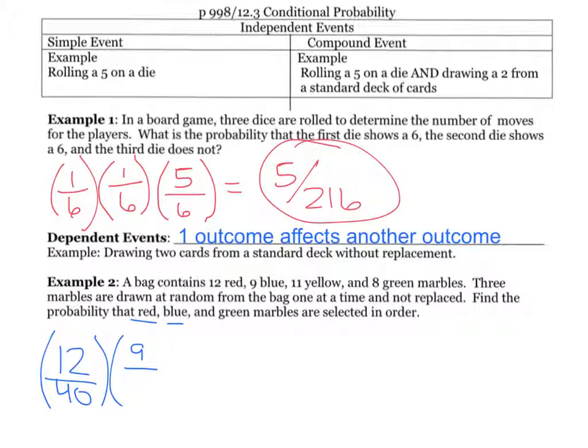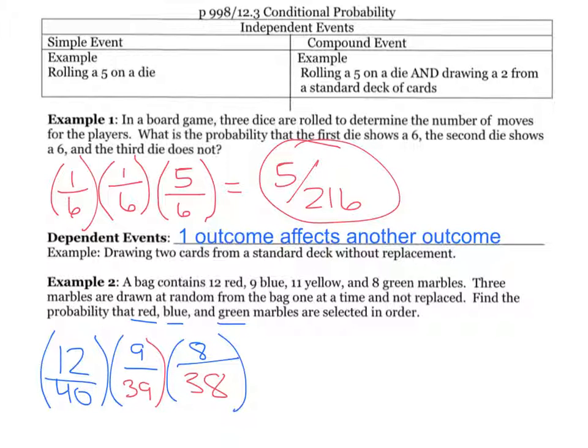So now there's 39 marbles. Okay, let's move on. Now we're going to select a green marble. Again, a green marble hasn't been selected yet, so there's 8 that we could choose from. But now there's 2 marbles missing, so we're going to have to change that bottom number to a 38.